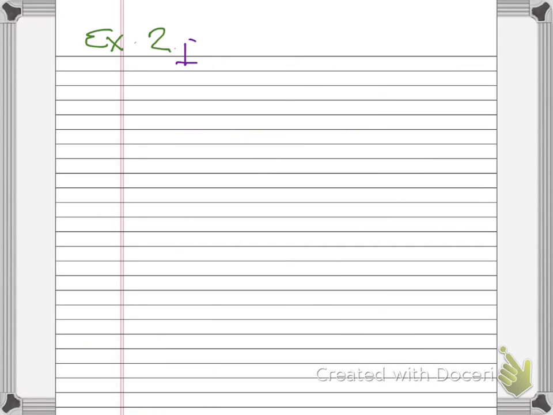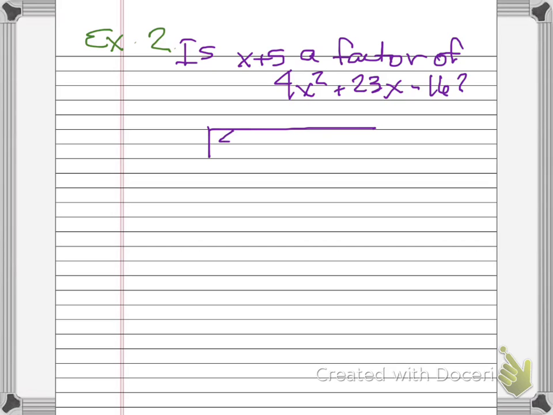Let's look at another example. Is x plus 5 a factor of 4x squared plus 23x minus 16? We set it up just like we did before with our dividend and our divisor.